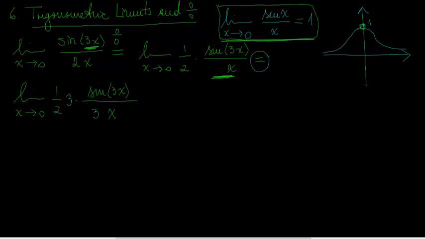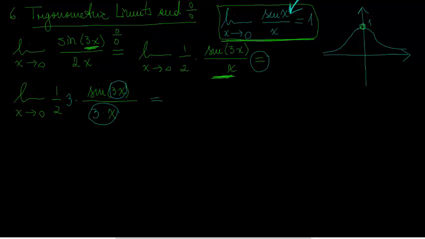So now we notice that the input of the sine, namely 3x, is matched with the denominator. So this formula is going to apply, namely sine of the same input over the same input is going to go in the limit to 1, provided the input goes to 0. And as x goes to 0, 3x goes to 0, so we're okay with that.